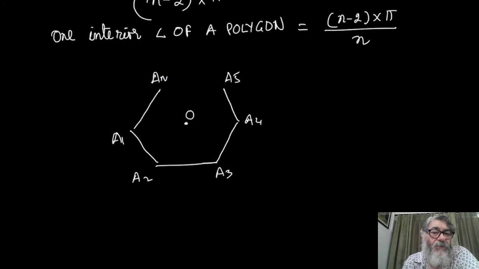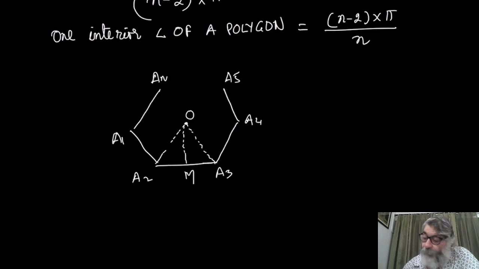And if I draw a circle which touches all the sides of the polygon from inside, then that is called inscribing the polygon. But that is the center. The basic idea is that this is a triangle. If I drop a perpendicular here, it will become OM.